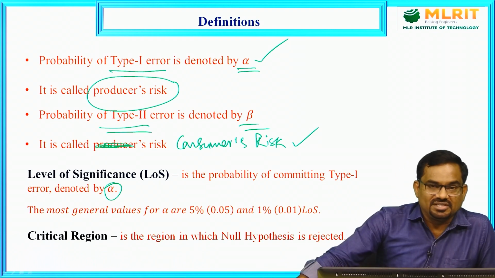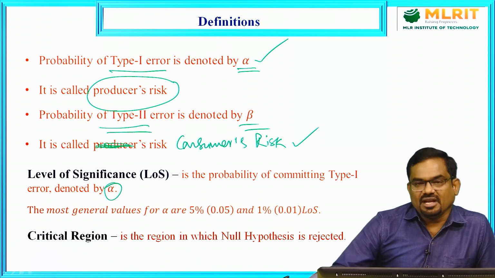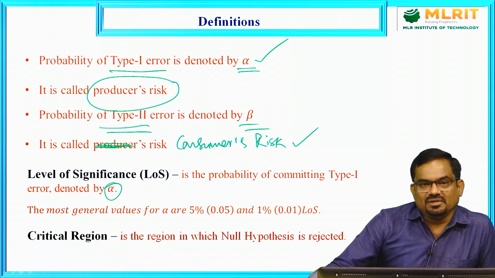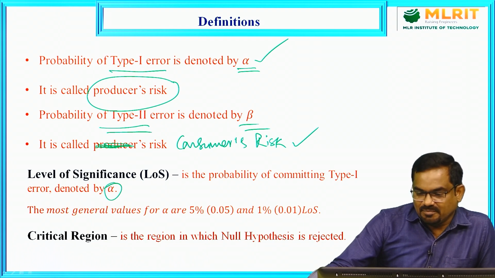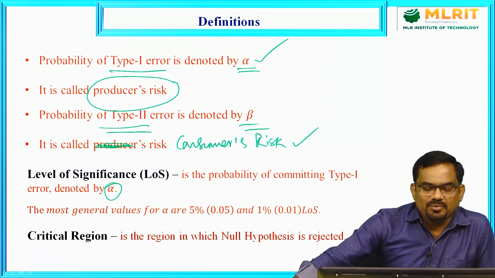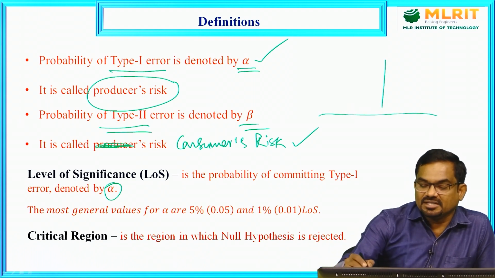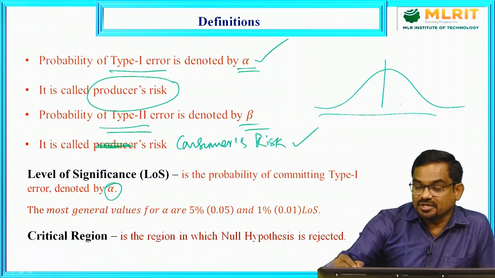Next definition is critical region. Critical region is the region in which we reject the null hypothesis. So it is the region in which null hypothesis is rejected. So that means in the process of testing of hypothesis, it follows a particular probability distribution, for example, a normal distribution.